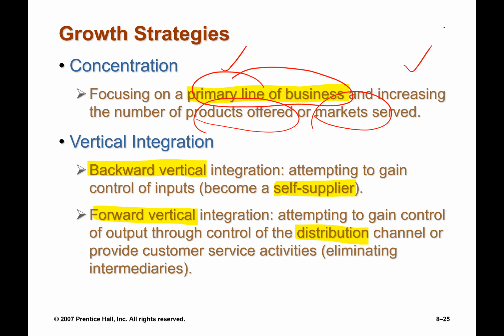All right, then vertical integration. What is vertical integration? It relates to what we call the value chain, the supply chain. When you open up a business, sometimes your nature of business could be manufacturer.